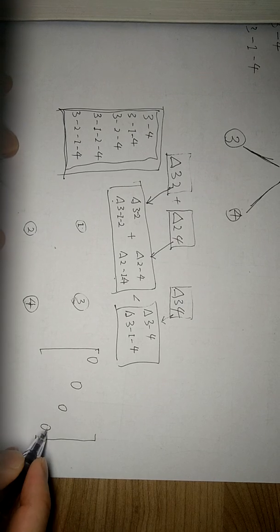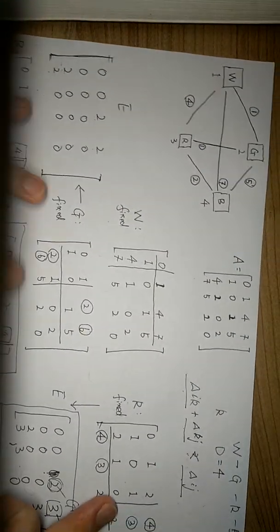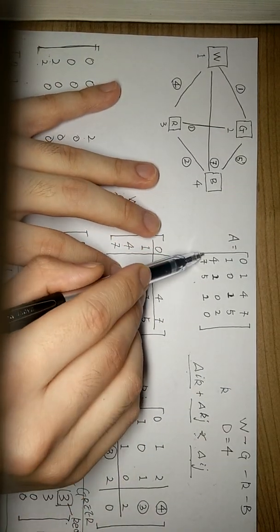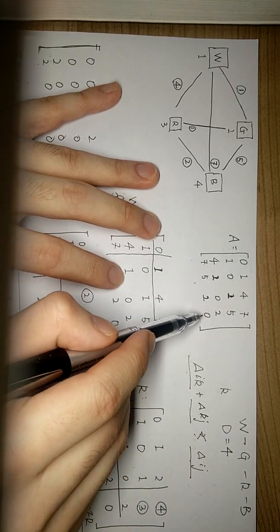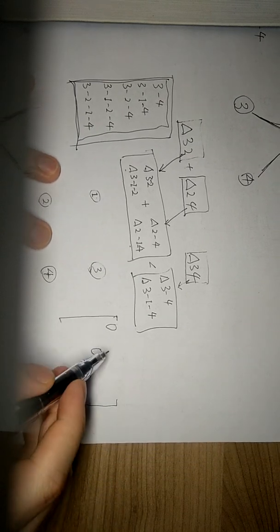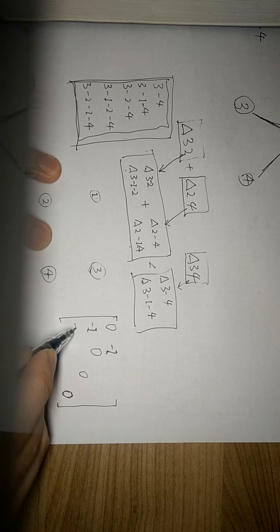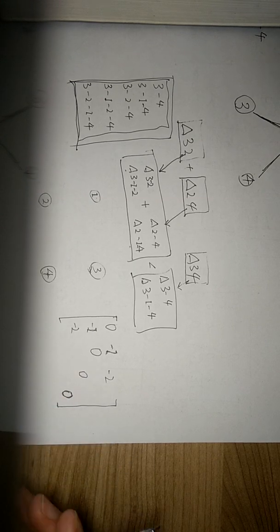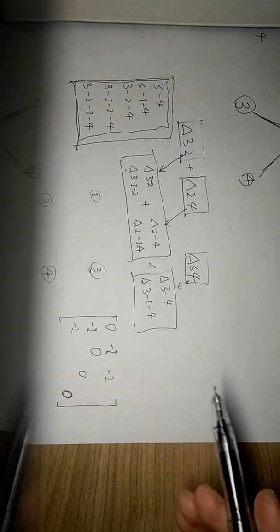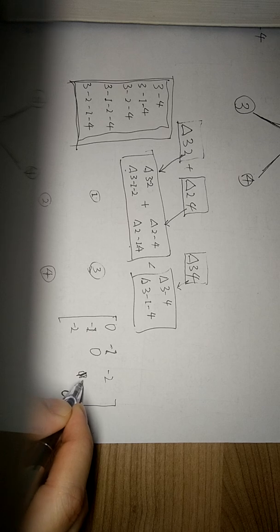But in the example before, all values are positive, so when we add them together, we can't get a value that's less than 0. But if we have some negative values, like -1, -2, we may get a situation where the value from one point to itself becomes a negative value.